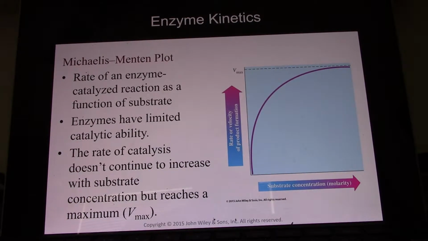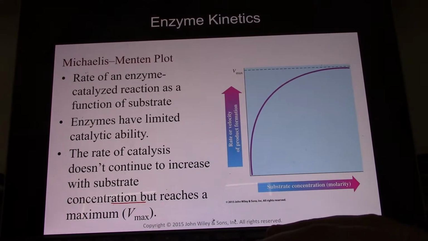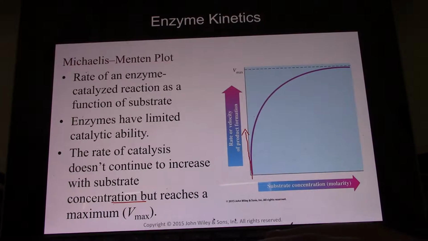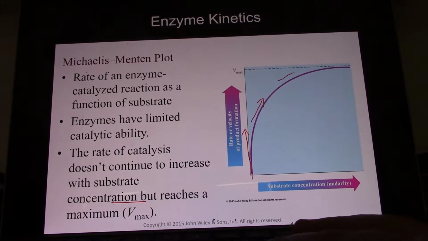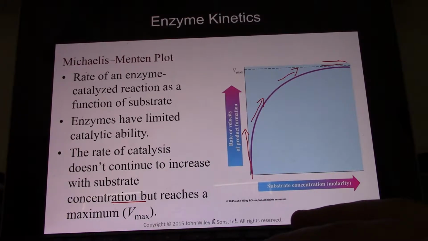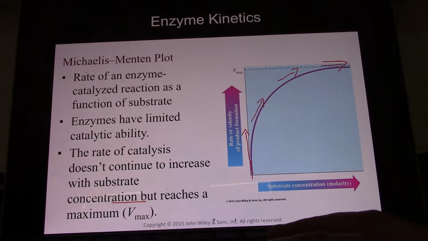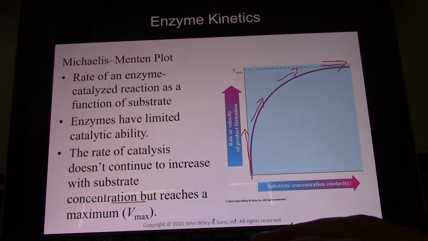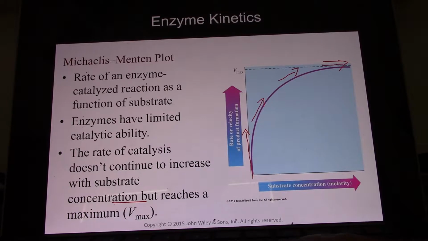Michaelis-Menten plot. The rate of an enzyme-catalyzed reaction is a function of the substrate. And so here we see your fastest reaction always occurs at the very beginning. And then as you keep adding more and more substrate, the reaction starts slowing down until you hit your maximum velocity. Notice on this y-axis is velocity, the speed. And so the change of the speed, or the acceleration of the reaction, is that first derivative.